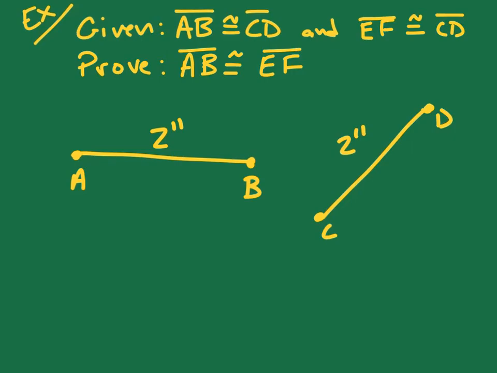Now, if I know that CD is also congruent to EF, and I wanted to draw EF, based on this logic, I would know that EF is also 2 inches. Therefore, AB and EF are congruent. So all I'm doing is just drawing a picture of the situation so that I can logically think about it in my head. Now, the hard part is putting this on paper into a proof form.